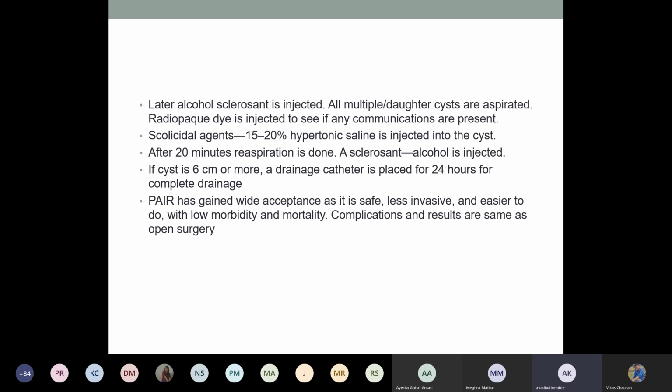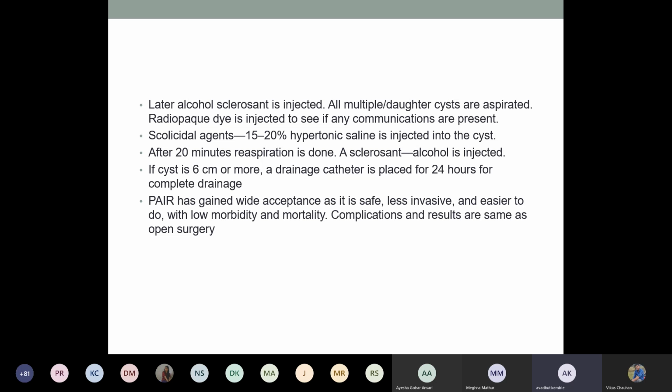Scolicidal agents like 20% hypertonic saline is injected into the cystic cavity. After 20 minutes, re-aspiration is done. A sclerosant like alcohol is injected. If cyst is more than 6 centimeter, a drainage catheter is placed for complete drainage of remaining, and the catheter is removed when the drain output is less than 10 or nil.